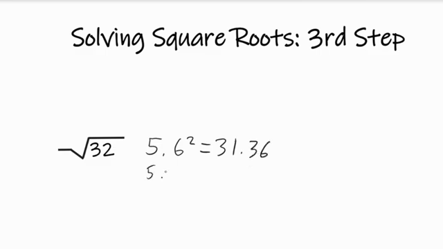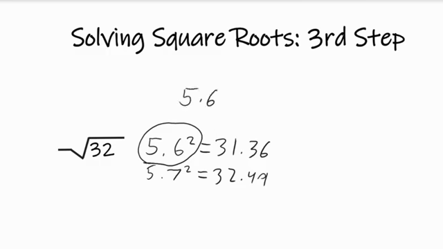And then 5.7 squared is going to be equal to 32.49. Since 5.6 squared is less than 32, our 10th digit would be 6. So it'll be 5.6.